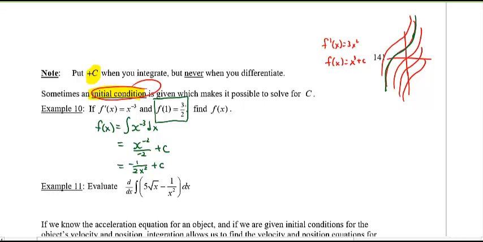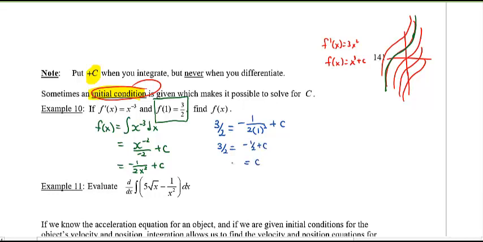That's what we got so far. But now, since we know that f of 1 equals 3 over 2, I can plug that in. 3 over 2 is my y value, so 3 over 2 equals to negative 1 over 2, and our x value here is 1. And now we should be able to solve for c. 3 over 2, negative 1 half.